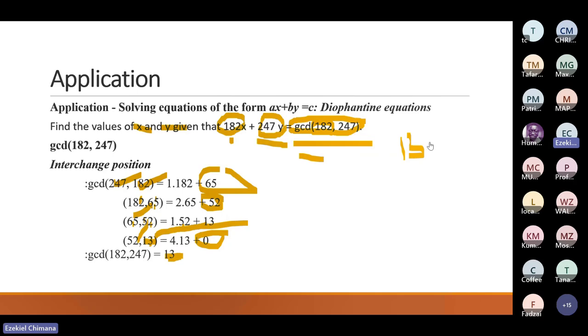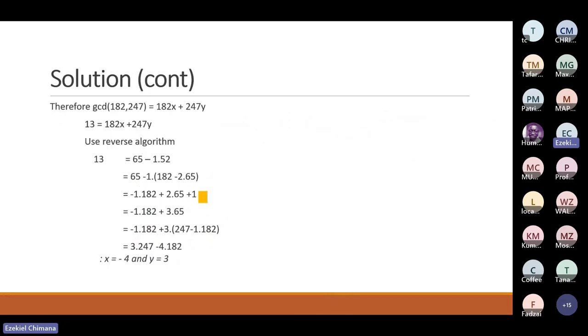What we'll have to do now is very simple. You now have to do backtracking here, just backtracking till you get here. That's how you find the value of x and the value of y.